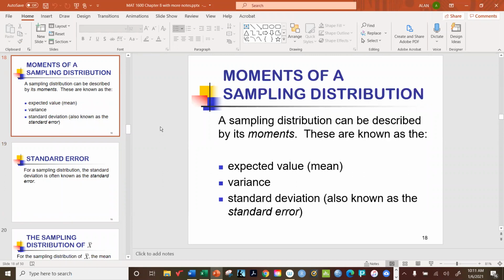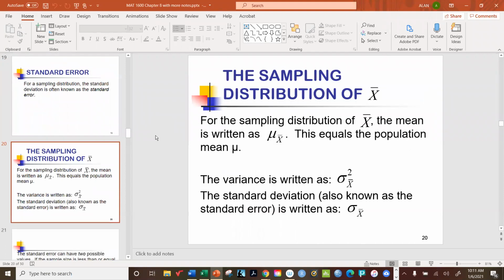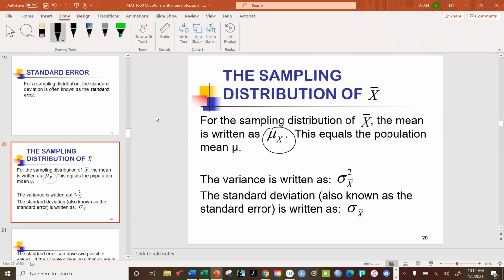Okay, in order to distinguish these moments from what we've seen with our other cases, we're going to introduce some slightly new notation. Okay, and you'll notice what that consists of is using a subscript of X bar for each of these cases. So in other words, when we're dealing with a sampling distribution, the mean or expected value is going to be written as, actually there's two things we could call it. This is written as either mu X bar, or else sometimes you see it written as the expected value of X bar.